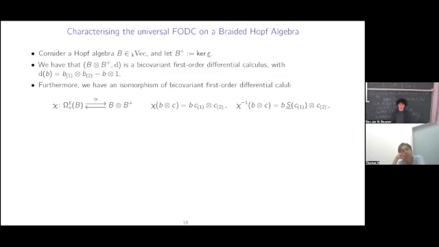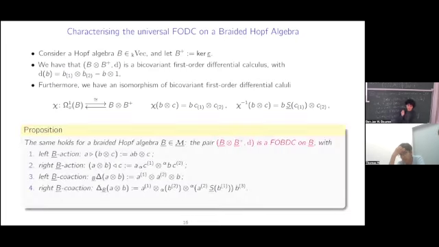Furthermore, we also have an isomorphism of bicovariant first-order differential calculi. So basically, instead of thinking about the universal differential calculus in terms of the kernel of the multiplication, we can think about it as the object B tensor B^+, and how you move between the two representations is with this map that you have here.